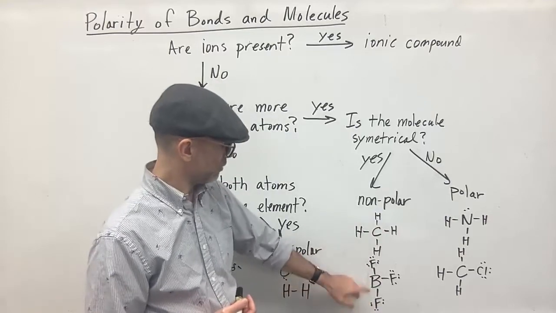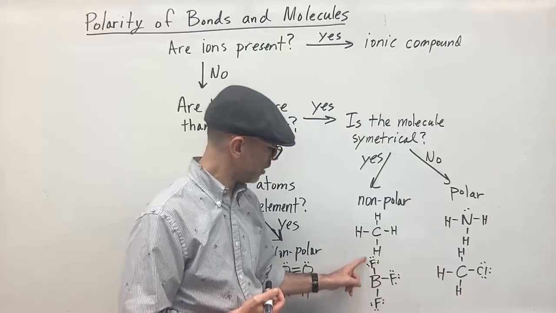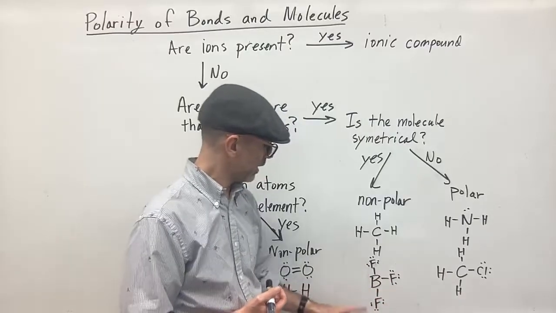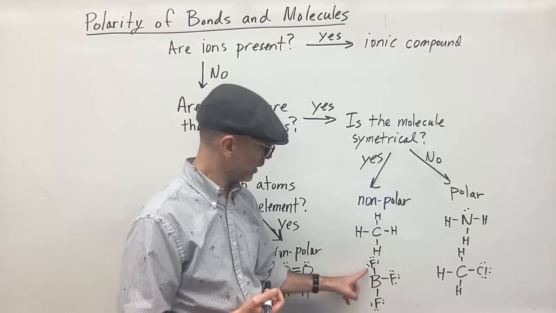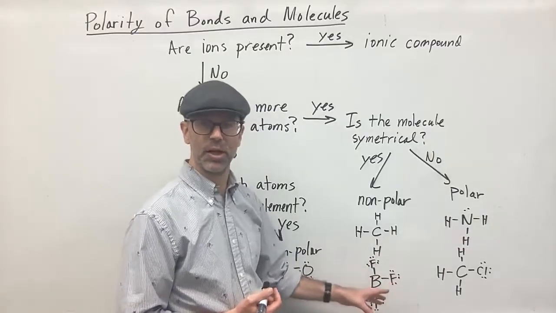Here again, we have boron trifluoride, and again, they're all the same atom bonded to boron. We only have the 3 bonds, so this is going to be a trigonal planar molecule.